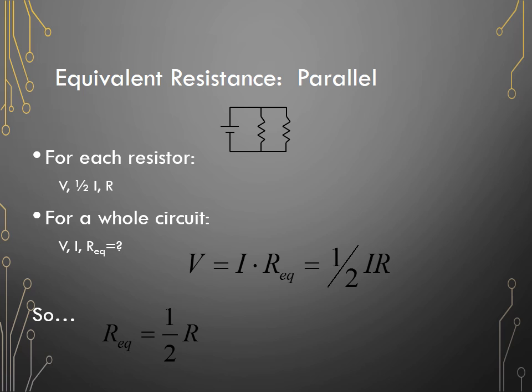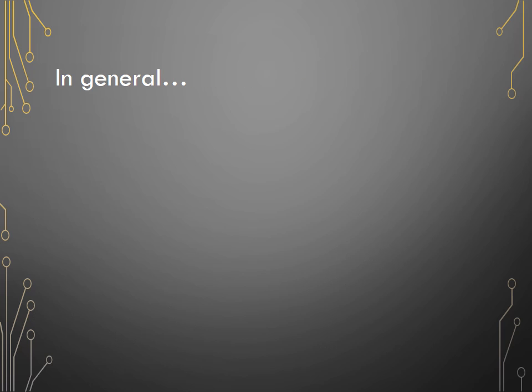Maybe that's why the light bulbs actually kind of got a little bit brighter when I put more light bulbs in like this. This particular case only works for two identical resistors. Do not memorize anything on this page.